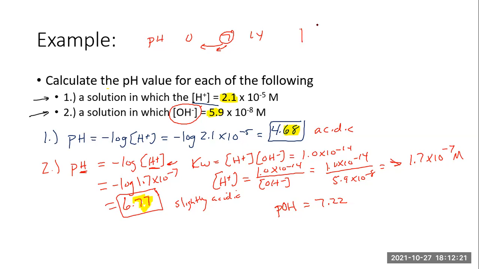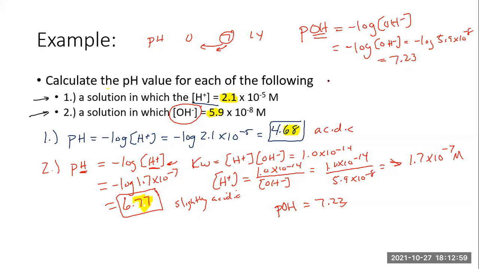The pOH is equal to minus the log of the OH minus concentration. So minus the log of our 5.9 times 10 to the minus 8, we end up with what you got down there, like 7.23.